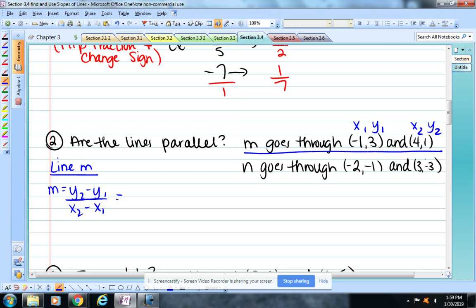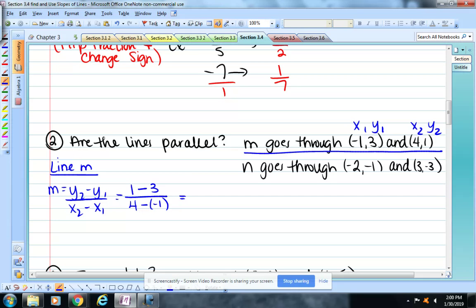Everybody with me? All right. What number is Y2? 1. Always put a minus there. What number is Y1? 3. Over 4 minus what? -1. Now, I know I have double negatives there. I'll fix that in a second. Okay?